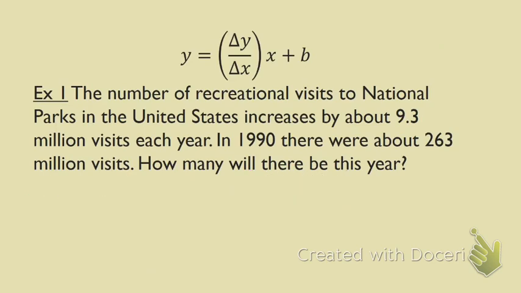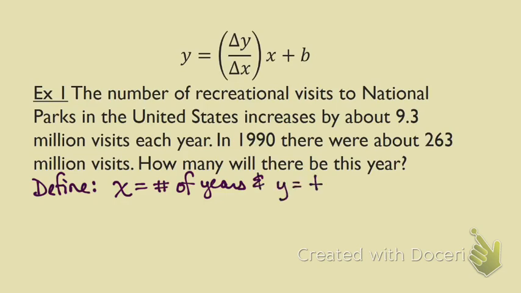Let's write off to the side. You've got the word define. X is going to equal the number of years. And Y is going to equal the total amount of visits in millions, or total of million visits.